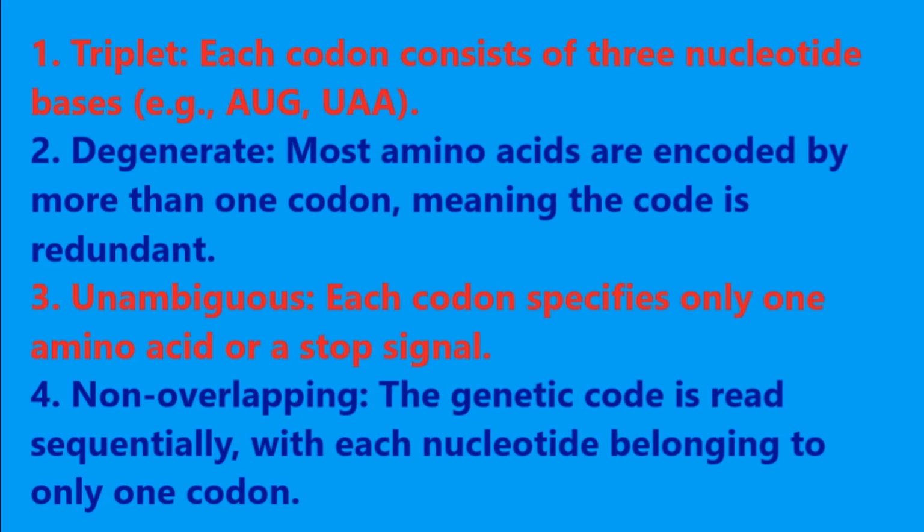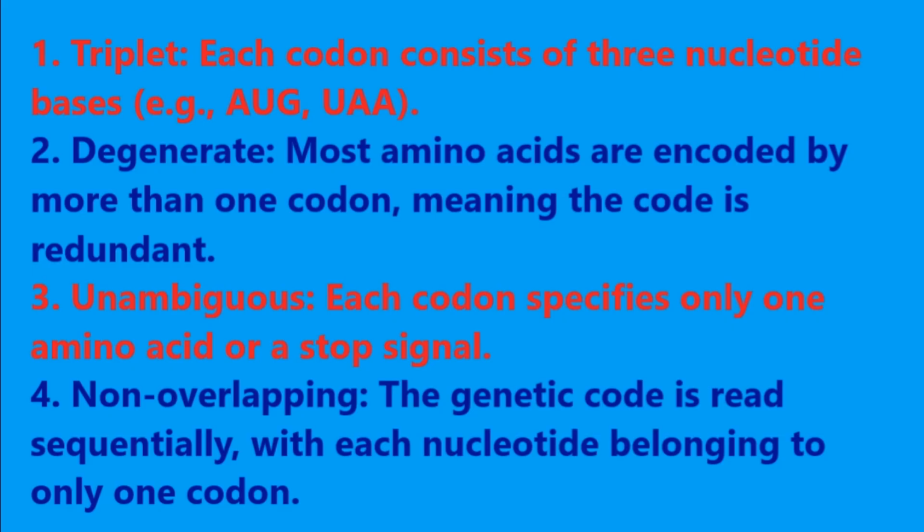For example, leucine is coded by 6 different codons: CUU, CUA, etc. Third, non-ambiguous. Each codon codes for only one amino acid. No confusion. For example, UCU will always code for serine, not any other amino acid.